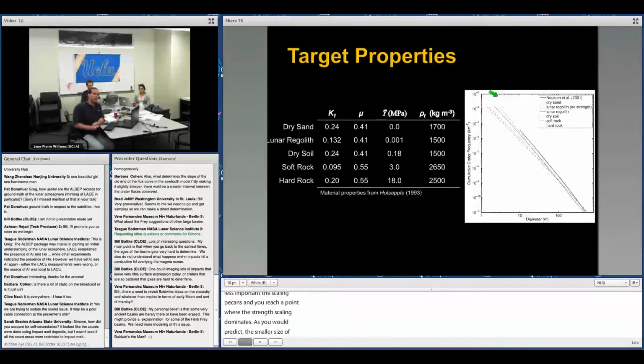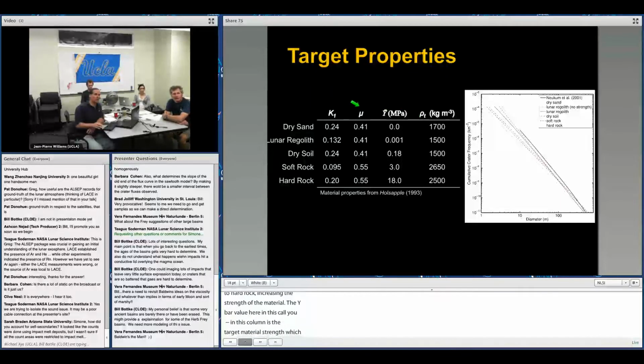So here are some representative materials, taken from Holsapple 1993, going from dry sand down to hard rock, with increasing material strength. The Y-bar values in this column are your target material strengths, which play an important role. The target density plays a small role as well.